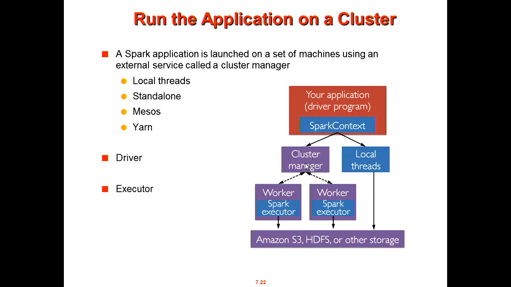Or a different type of cluster manager: Spark's own cluster manager, Mesos, or YARN. Depending on the cluster manager, it will begin to allocate the resources for the workers, for the jobs. Each worker is used to execute one job in a JVM. And the results can be stored in HDFS, local file disk, or S3 in Amazon, and other storage.